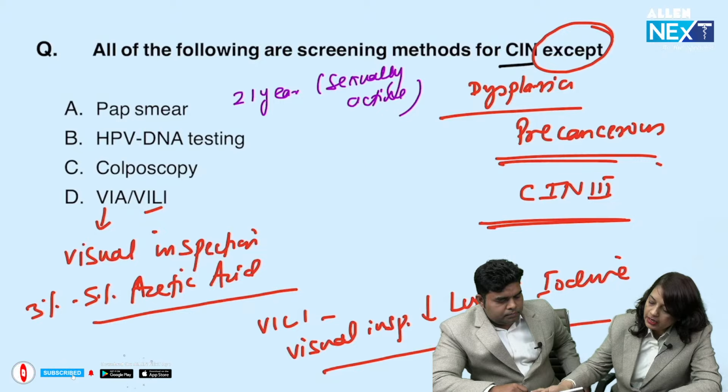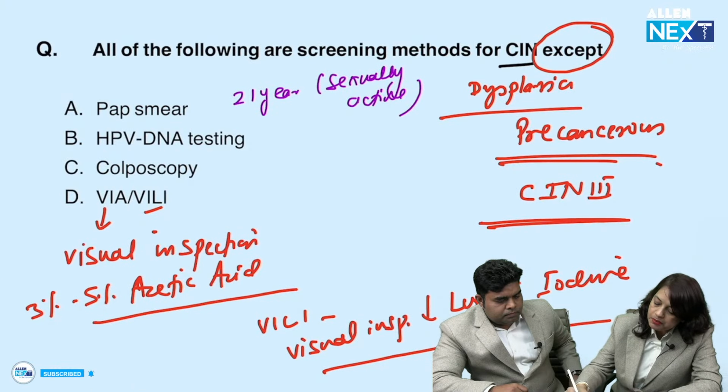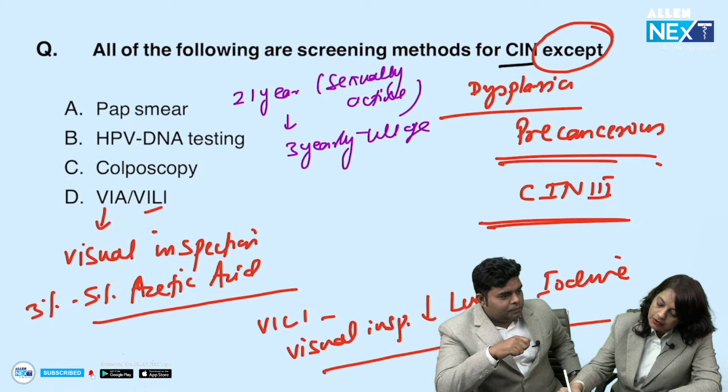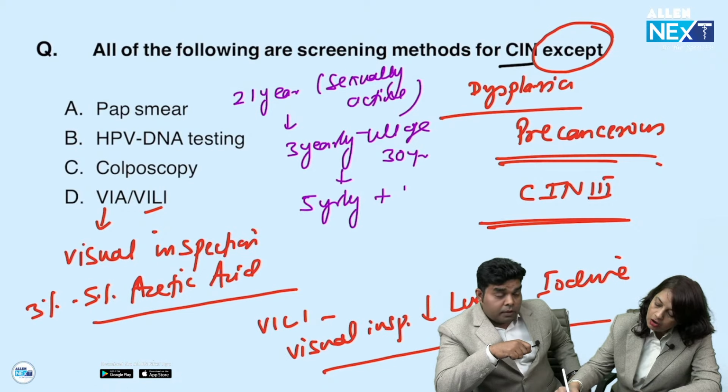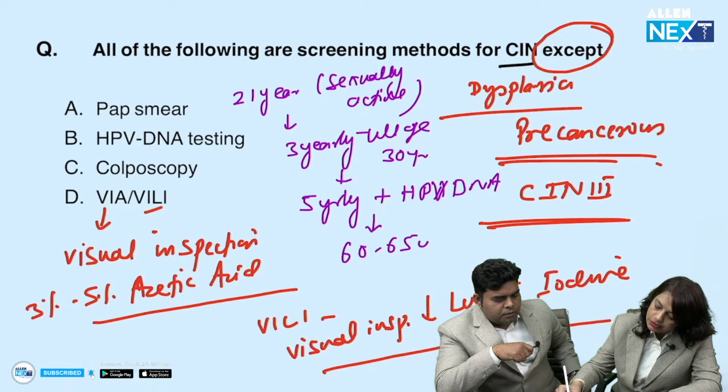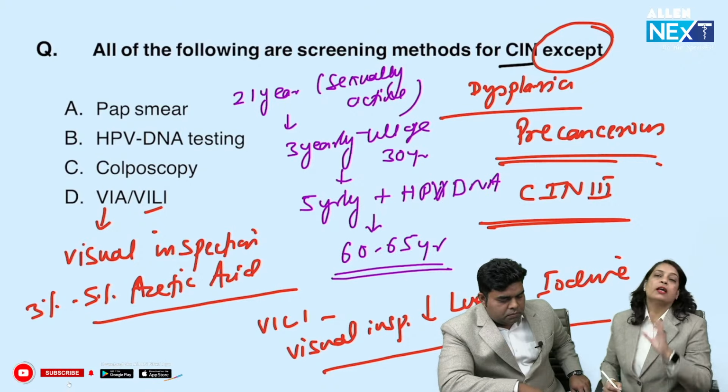If it is negative, the pap smear has to be repeated every 3 years till the age of 30 years. Then it is repeated 5 yearly along with HPV DNA testing. If negative, it is to be done till 60 to 65 years of age.